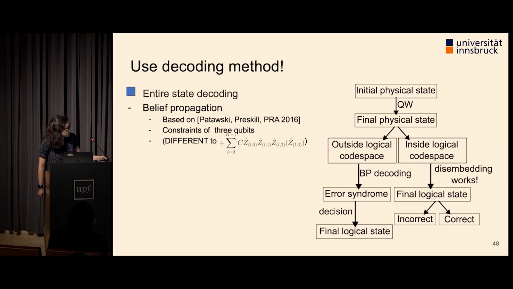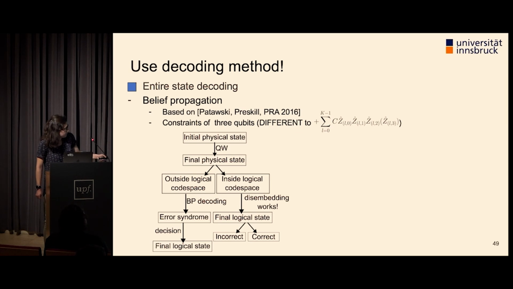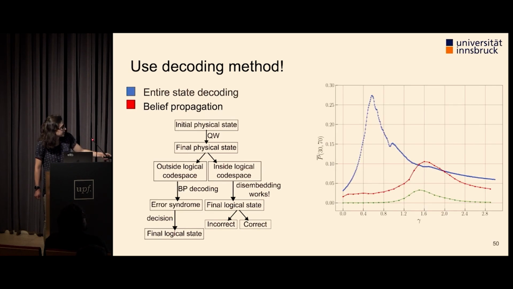And so how does this perform compared to our entire state decoding? Well, we see already that this decoding method has much improved the performance of our quantum walk. But there's still some room for improvement if we compare it to the directly embedded model.